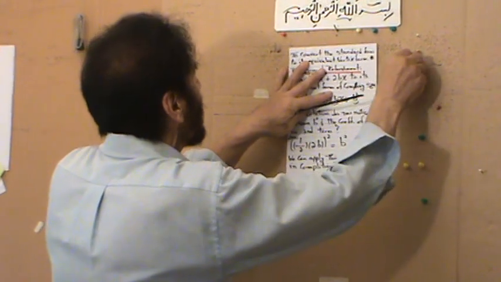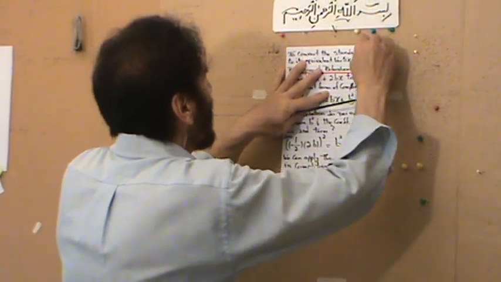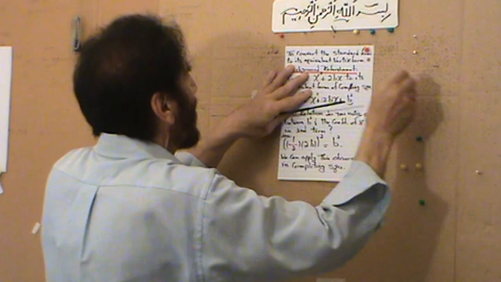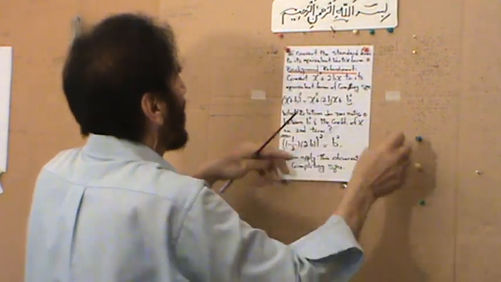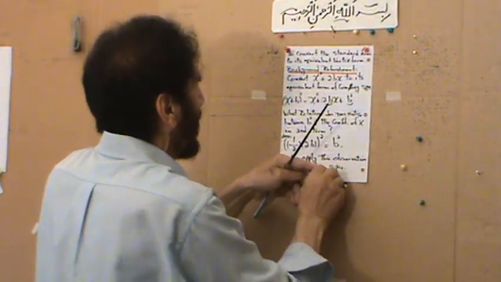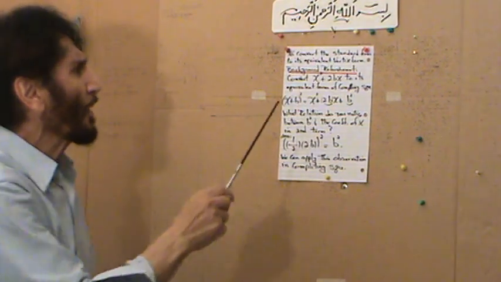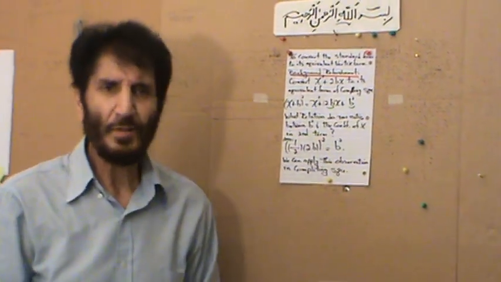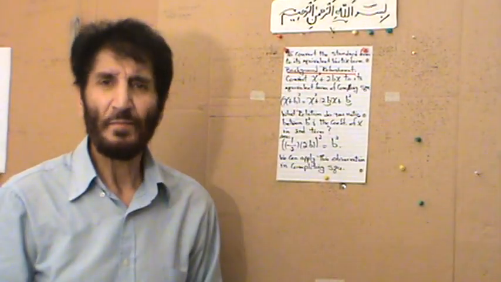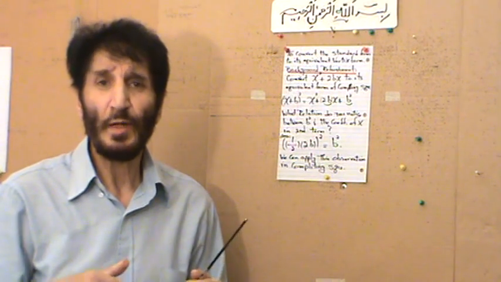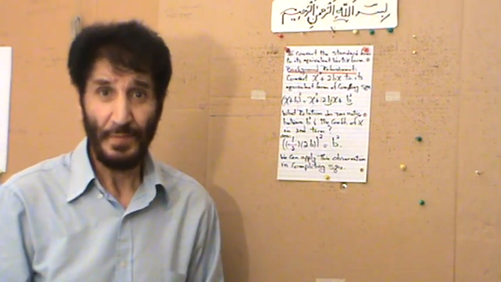Now here, in order to convert a standard form into a vertex form, we have to go over completing a square.